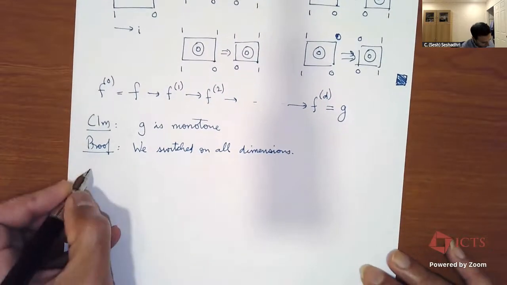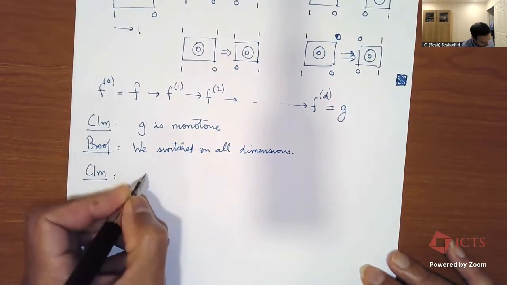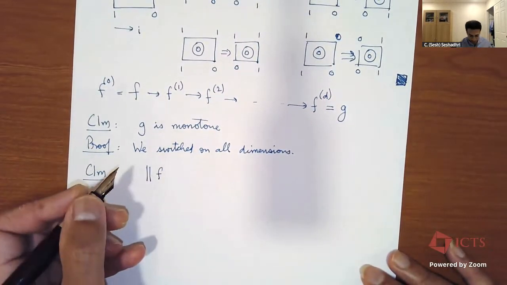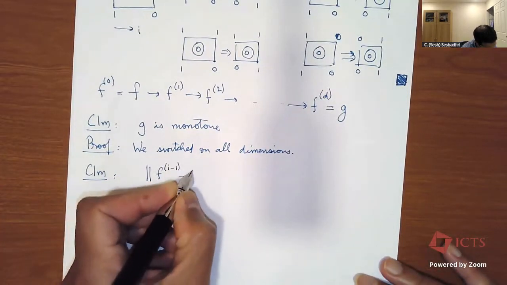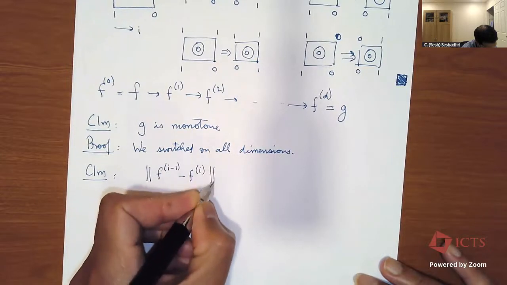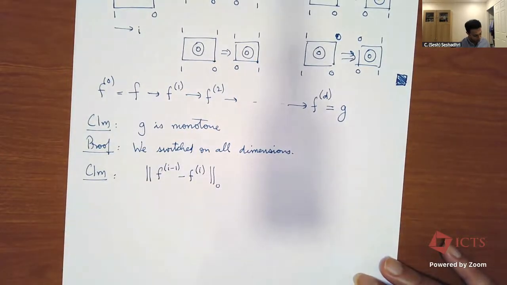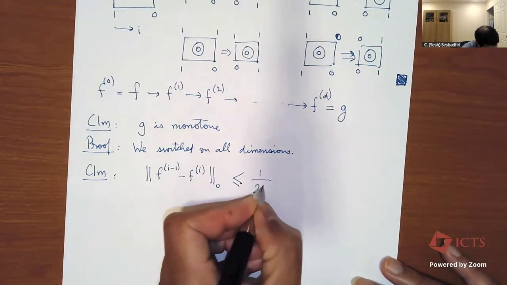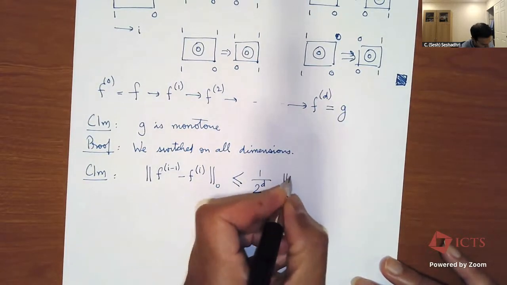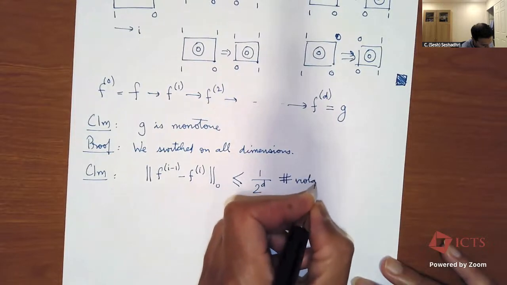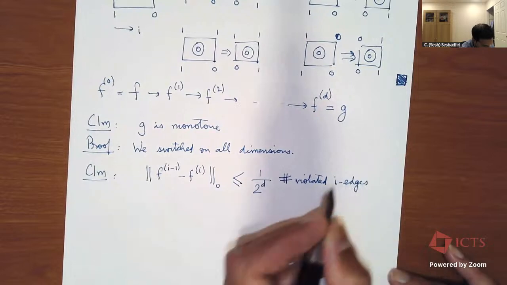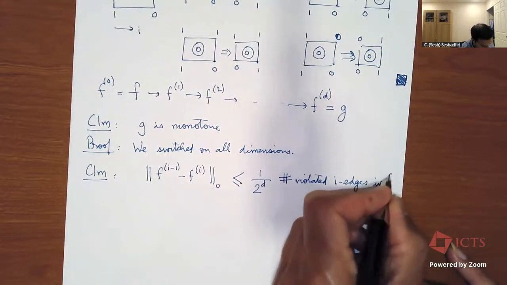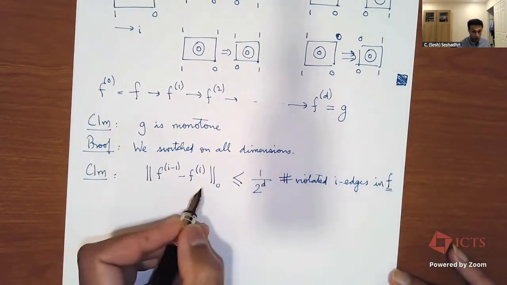Now the other key claim that we need here is that if I look at the difference between f of i minus 1 minus fi, I claim that this is at most 1 divided by 2 to the d of the number of violated i edges in F, not in Fi.